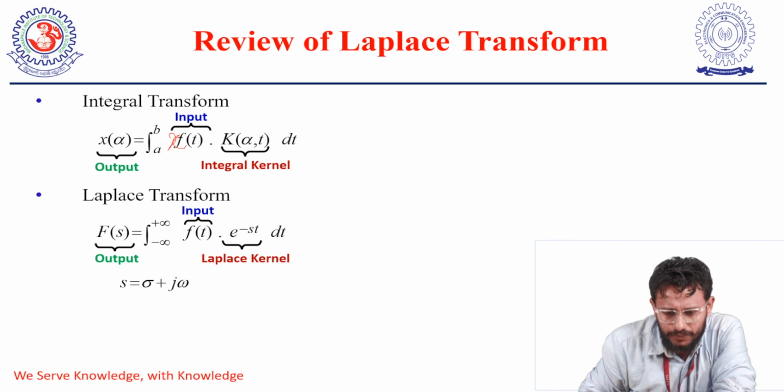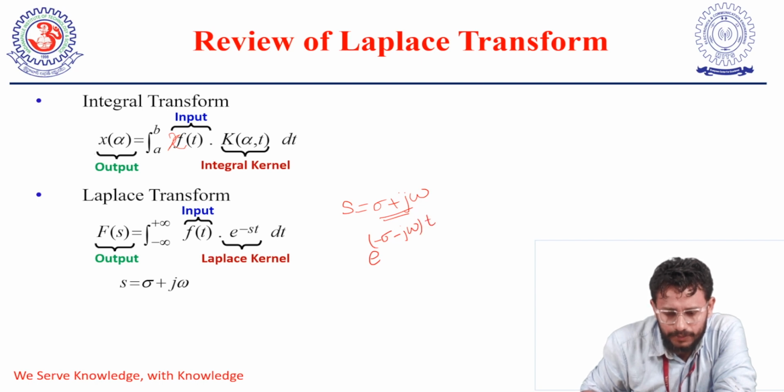This s over here is basically sigma plus j omega. If I substitute s equals sigma plus j omega in this particular Laplace kernel, I would be expecting e to the power minus sigma minus j omega times t. That's what I would be expecting.